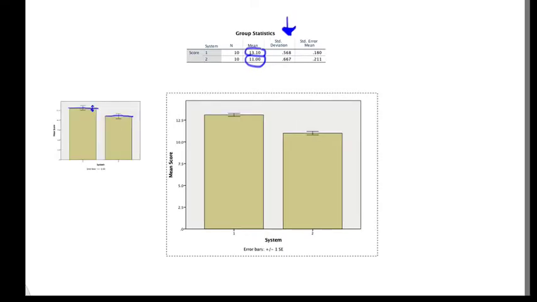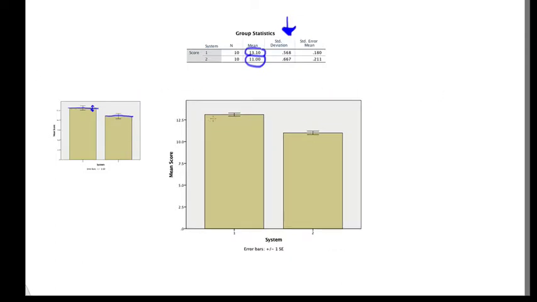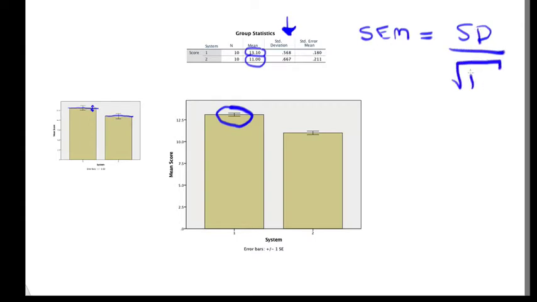So this is the same data, but this time we've plotted the standard error, and you can see that the standard error in this is smaller than the standard deviation. That's because the standard error in the mean is the standard deviation divided by the square root of n, where n is the number of items in the sample.